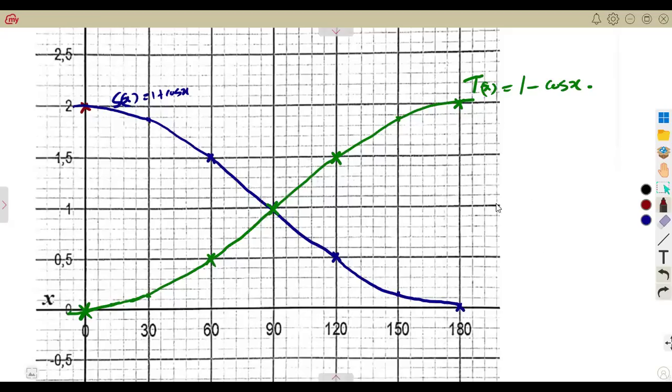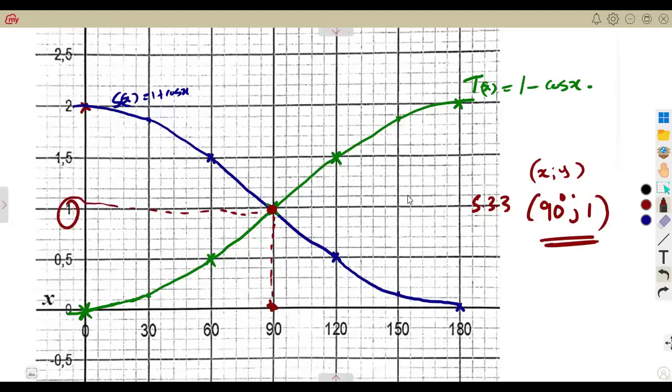Remember, whenever we are referring to coordinates, we talk of X versus Y. So they meet here, but what is the X value? 90 degrees. These are angles in degrees. So it is going to be 90 degrees versus Y there. What is the value of Y at the point of intersection? Y is 1.